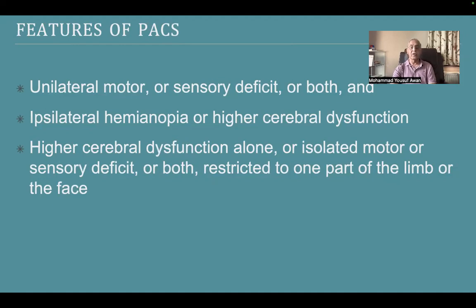Higher cerebral dysfunction alone, or isolated motor or sensory deficit, is restricted to one part of the limb or the face. So it's not a complete loss of motor function and sensory function or frontal lobe function, but only part of these areas will be involved, and this will result in partial features on the opposite side of the body.